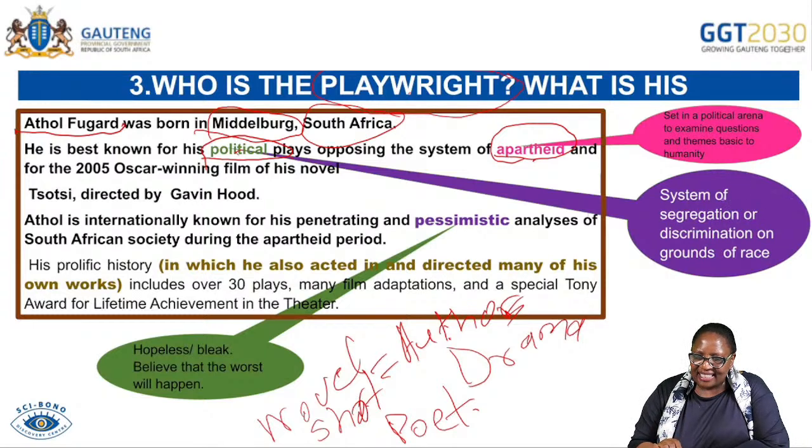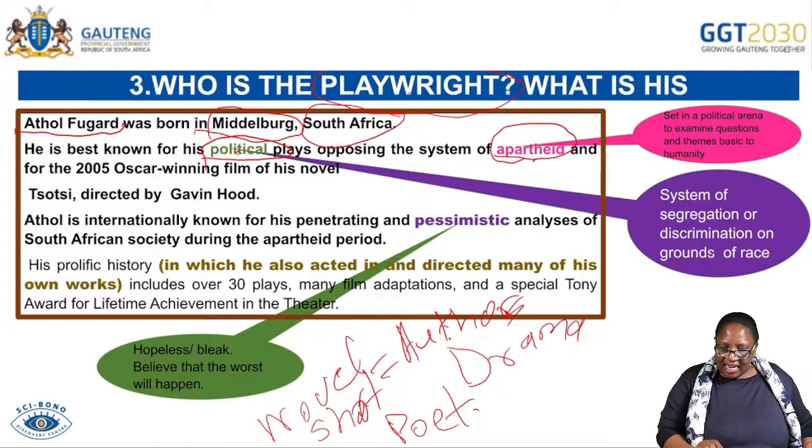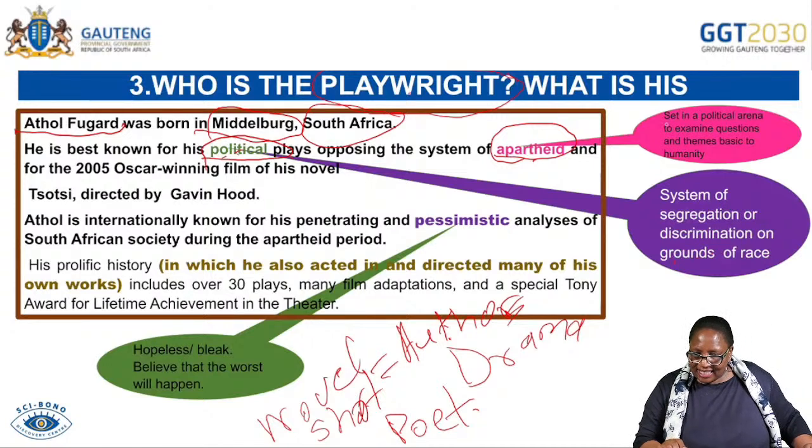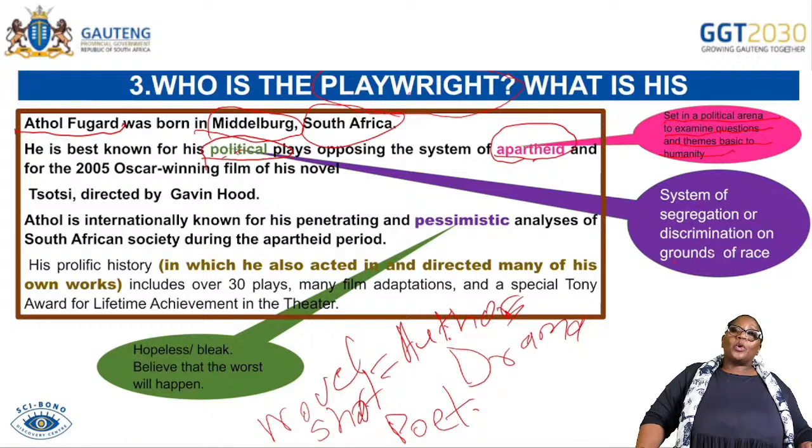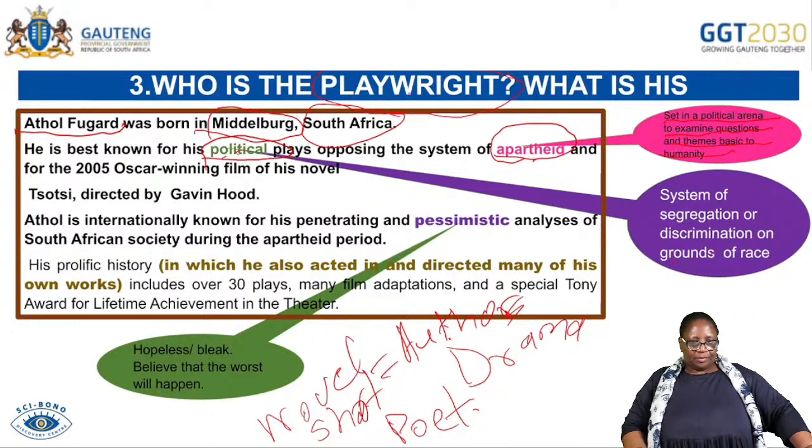Apartheid is a system of segregation or discrimination on the grounds of race. Political means it is set in a political arena to examine questions and themes based on humanity.